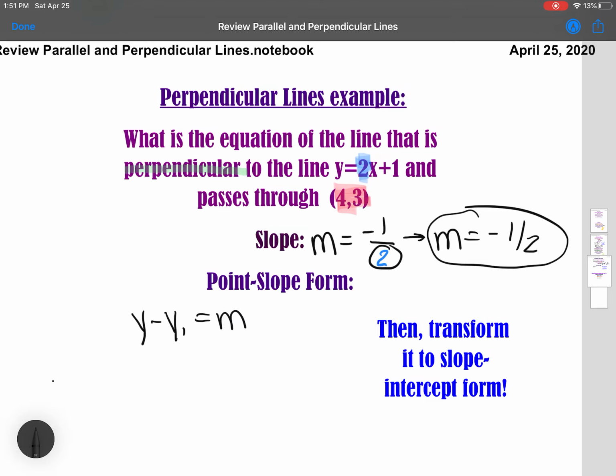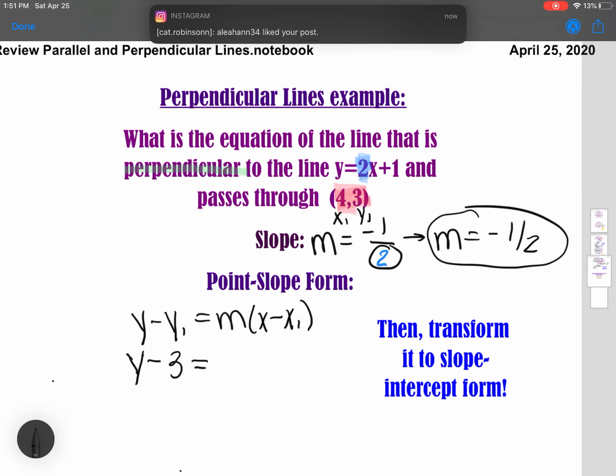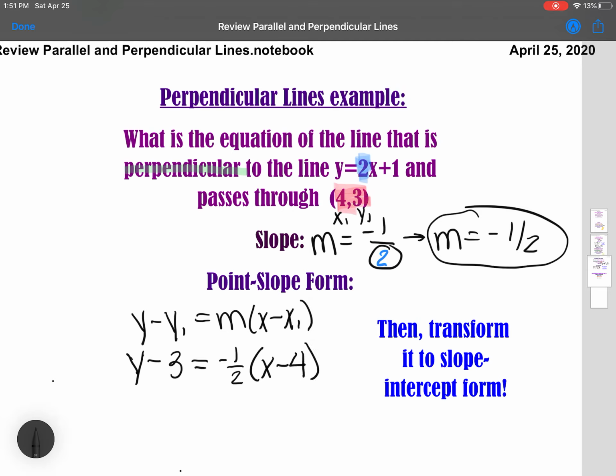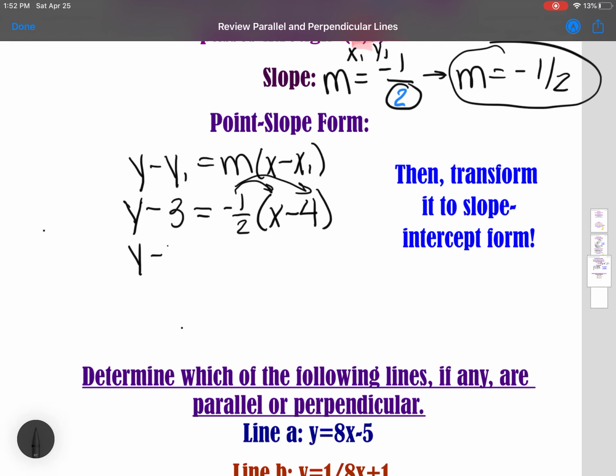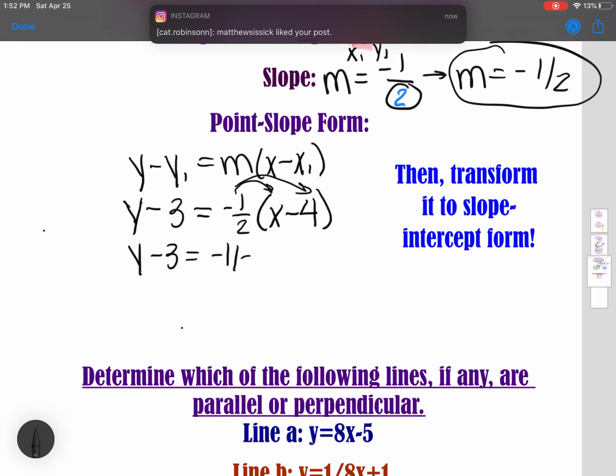Okay? Now I'm just going to put this in point-slope form. Again, y minus y1 equals m times x minus x1. I will label my point x1, y1, and we'll just start plugging things in. So y minus 3 equals negative 1/2 times x minus x1, which is 4. I will distribute my slope out. y minus 3 equals negative 1/2 x.